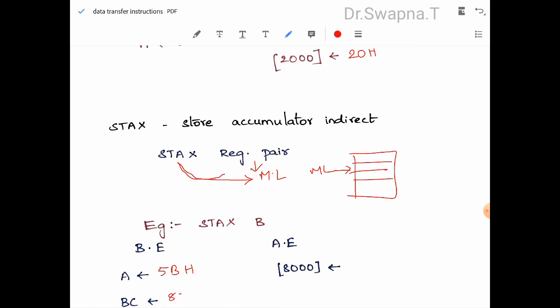So let it be 8000. After execution, as per the definition of the instruction, the content of the accumulator should be stored in the memory location whose address is specified in the register pair. So 8000 should be copied with the content of the accumulator register, nothing but 5BH.